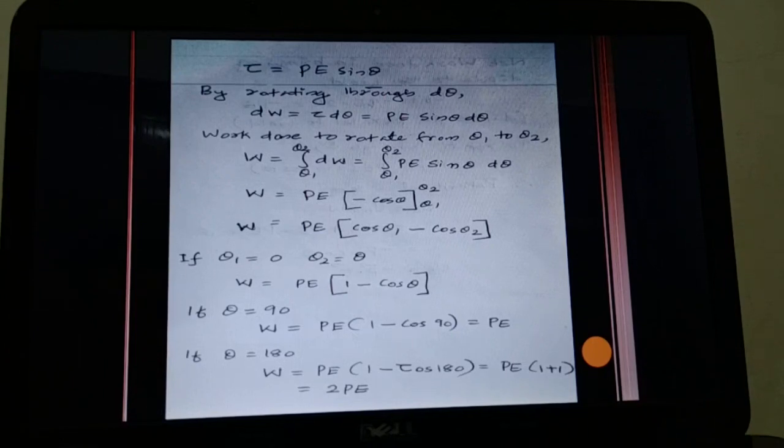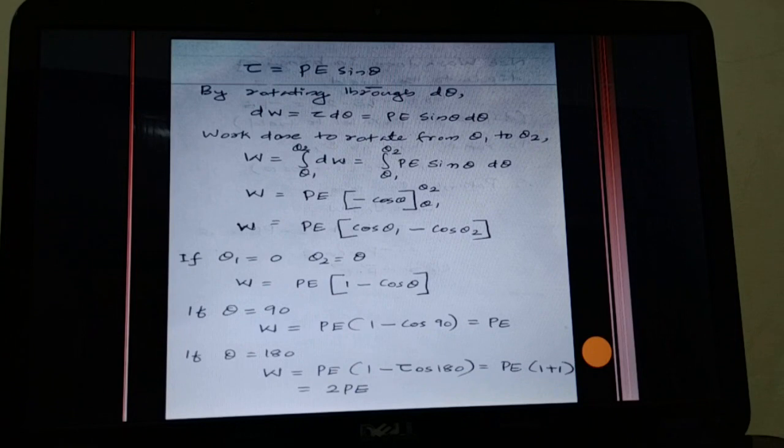So from the parallel direction, if you want to make the dipole perpendicular, PE amount of work is required. From there again you have to make a 90 degree rotation. For that 90 degree rotation, how much work is required? PE. So PE plus PE, that is 2PE, that is for a 180 degree rotation. Very simple.